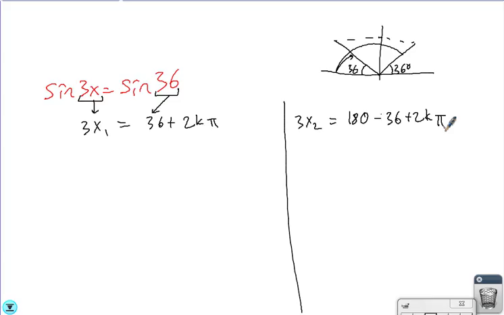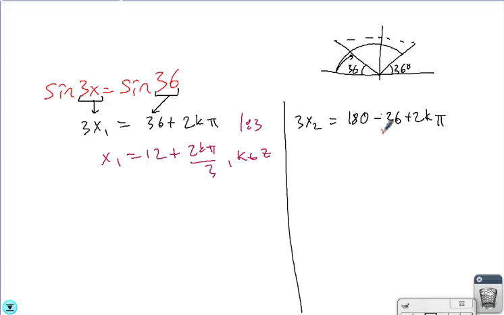So now let's solve the first equation. We divide everything by 3. There will be x1 equals 12 plus 2k pi over 3. And we must add that k is an element of integers. Now, all of you first did the subtraction then the division.